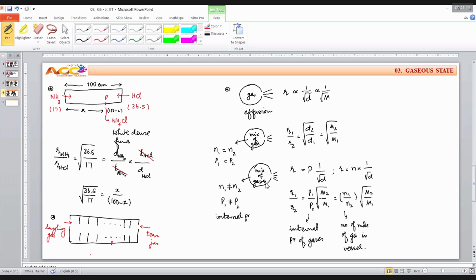And from the other side, another boy came with tear gas, and both are opened simultaneously. Naturally, nitrous oxide and tear gas have different molecular masses. Therefore, there will be different rates of diffusion.